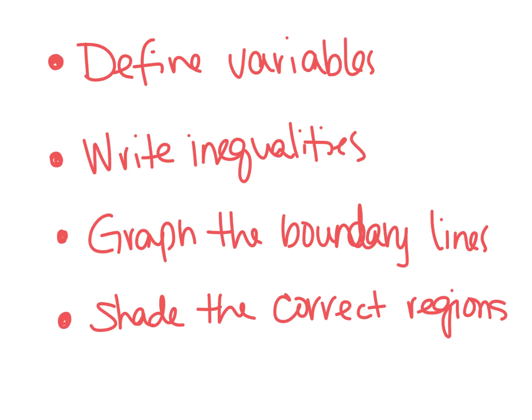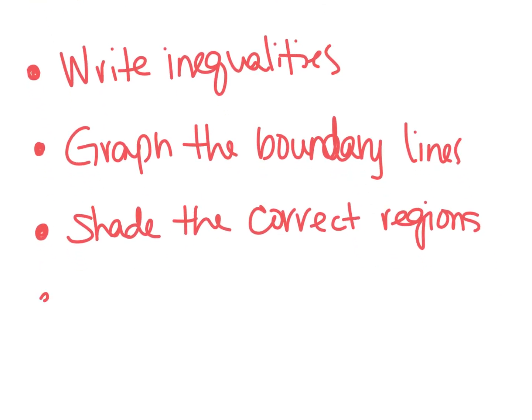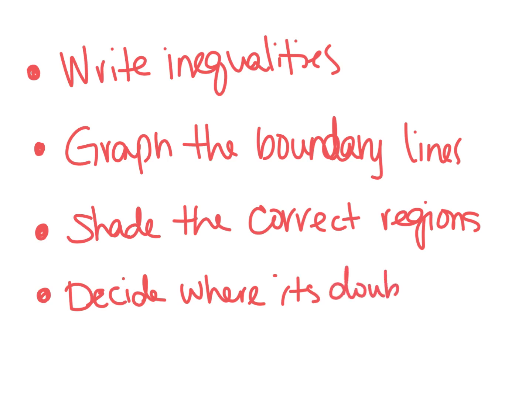Once you've shaded the correct regions, you need to decide where it's double shaded. That is where you have solutions to both the inequalities.